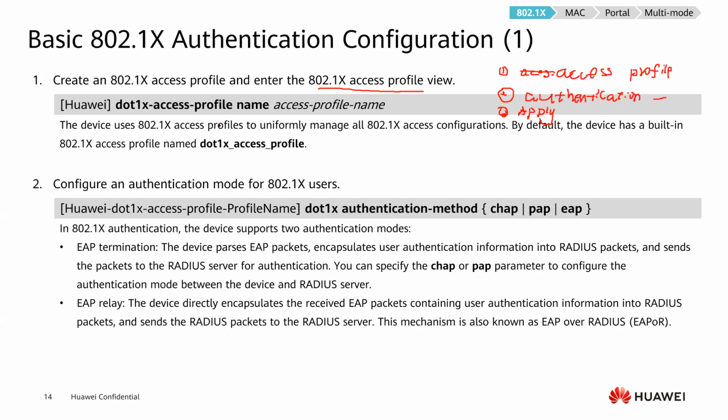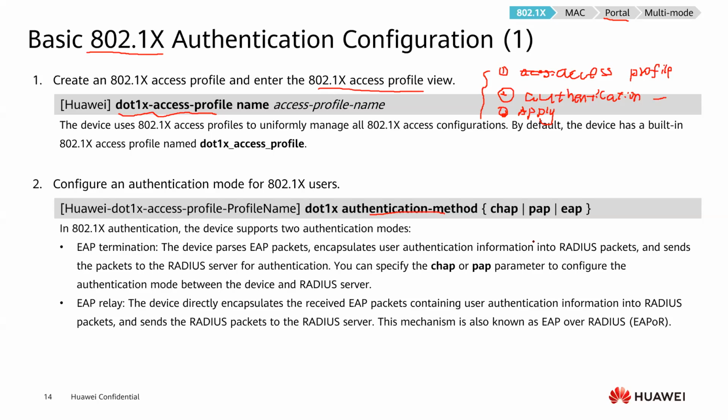So for 802.1x, for MAC address authentication and for port authentication, all of them use the same process to do the configuration. The first is the access profile. If you want to configure this kind of authentication, you need to create the specific profile first, and then you can choose the different authentication methods.